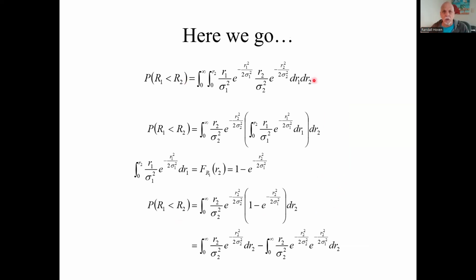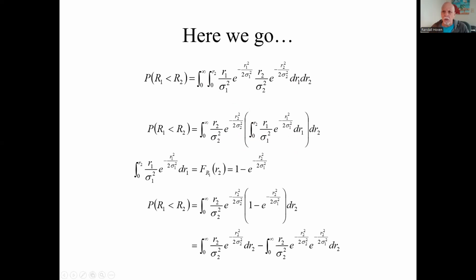So here's where we left off. First, if you look at this inner integral, anything that doesn't involve R sub 1, we can bring out of the inner integral. So that's this over here, which leaves this as the inner integral. Well, this is just integrating the PDF of a Rayleigh distribution out to some number R sub 2.